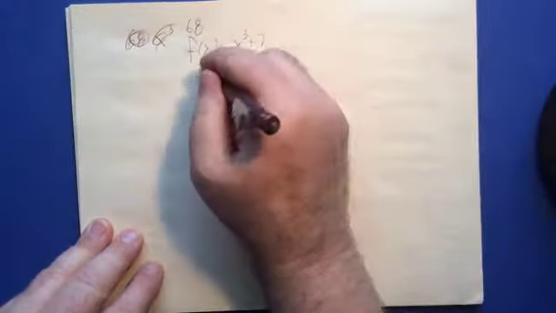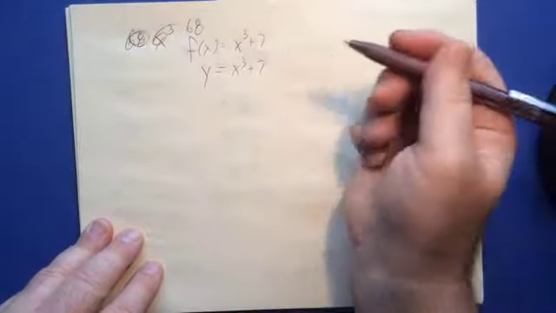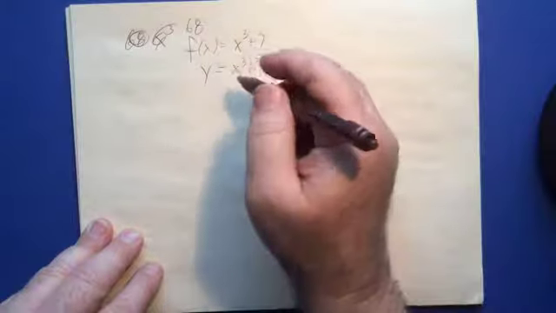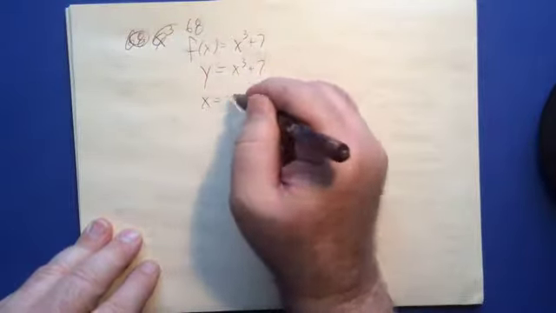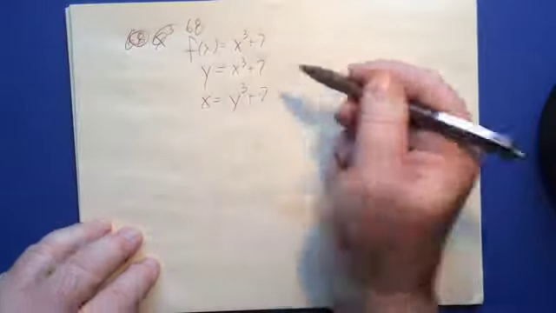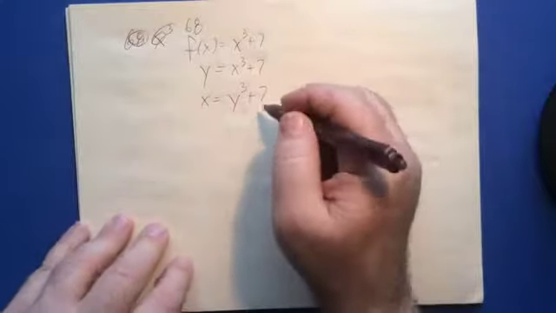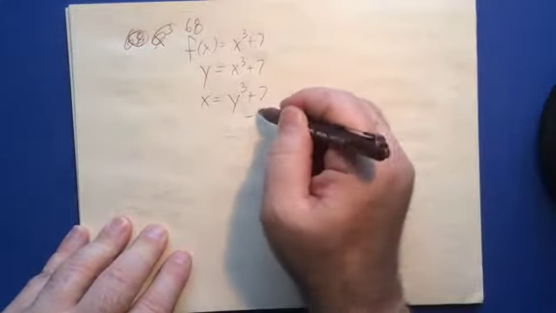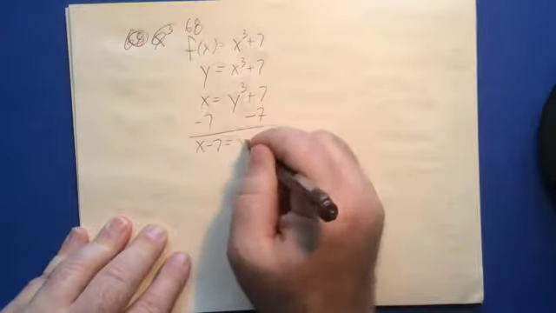So again, step 1, I'm going to replace f of x with y. When I do that, I'm going to switch out x equals y to the third plus 7. So when I do this one here, I'm going to subtract 7 from both sides. That'll give me x minus 7 equals y to the third.